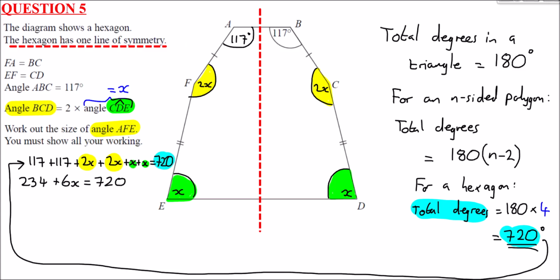We can now begin to solve this equation, so we can rearrange and make x the subject. So first of all, if we subtract 234 from both sides, we'll get 6x on its own. So 6x will be 720 minus 234.